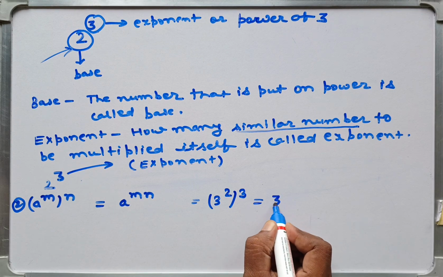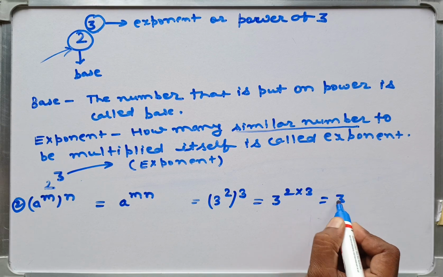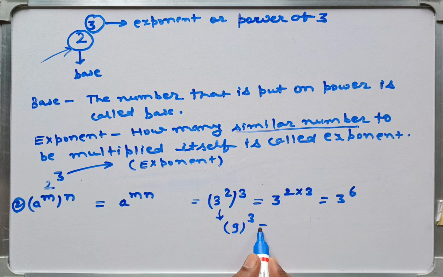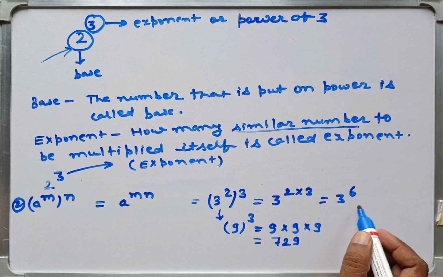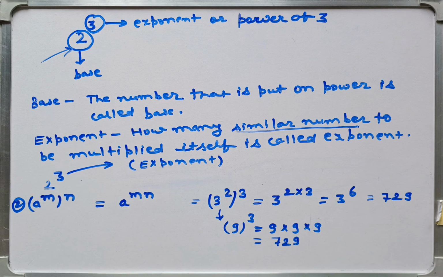You can simply write it as 3 to the power of 2 into 3, so this is 3 to the power of 6. Or you can solve this here and write it as 9 to the power of 3. So what will come? Write it as 9 into 9 into 9, 3 times. Finally you will get 729. Or when you solve the other one also you will get 729. This way you can use this rule.